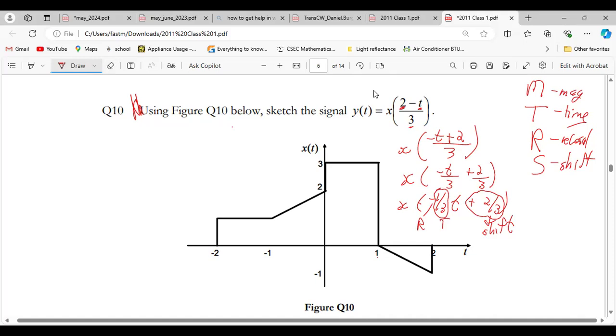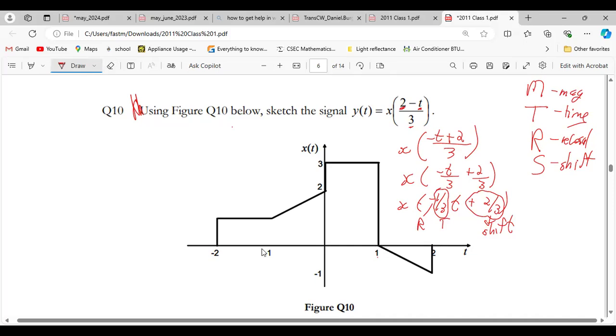So it'll be 2/3, then it will be 1/3, and the same thing on the next side. It'll be expanded. Right, so that's the first thing.